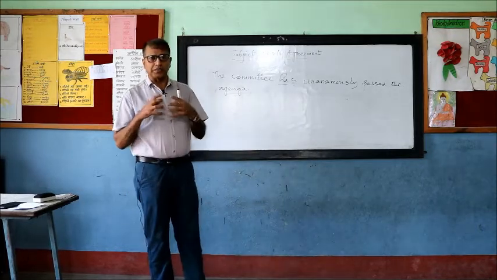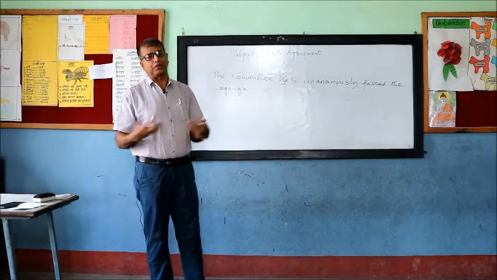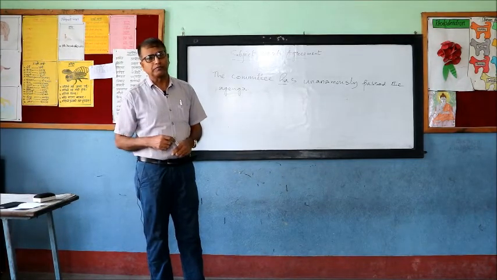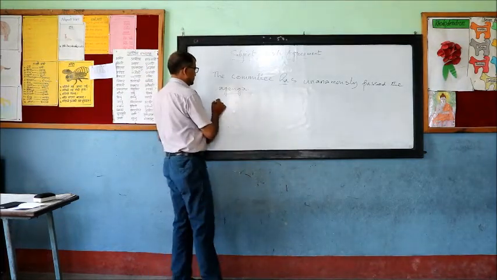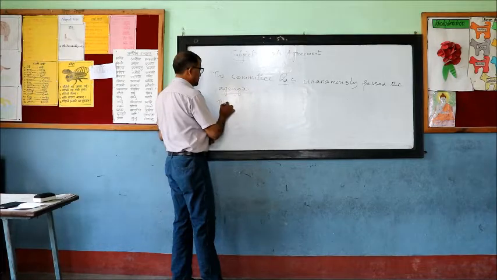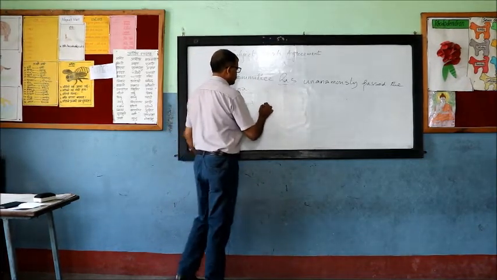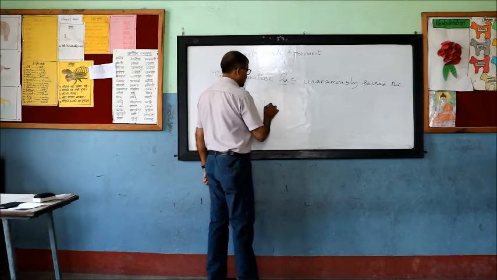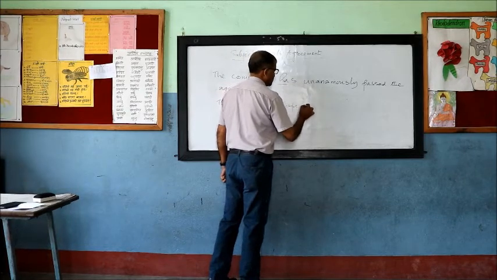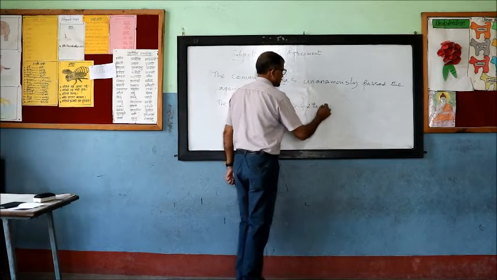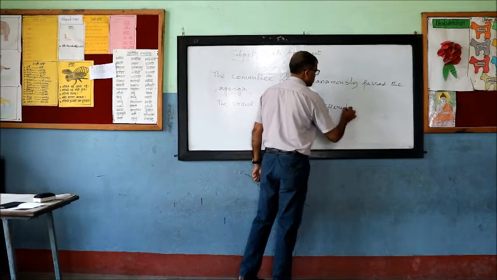But if we see that there is a division in the committee, then we have to use plural verb. For example, the crowd had dispersed to different directions.